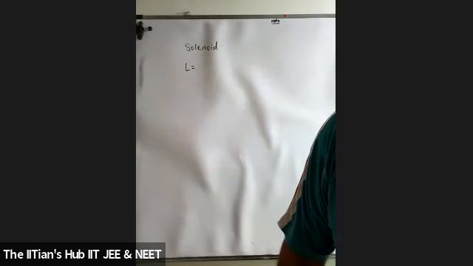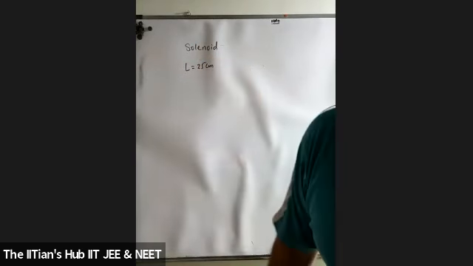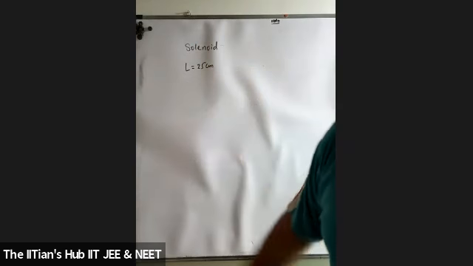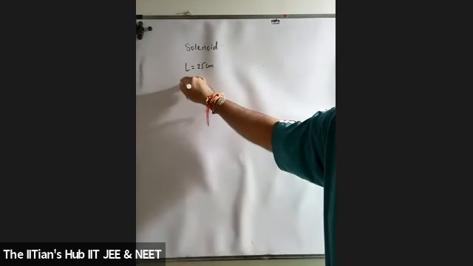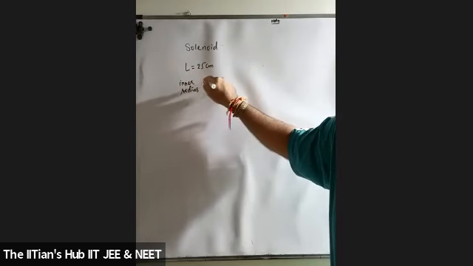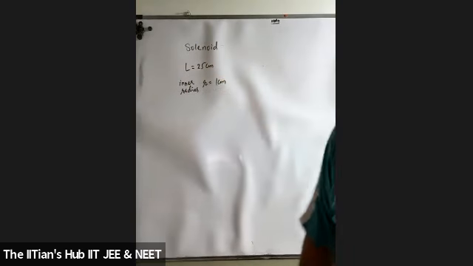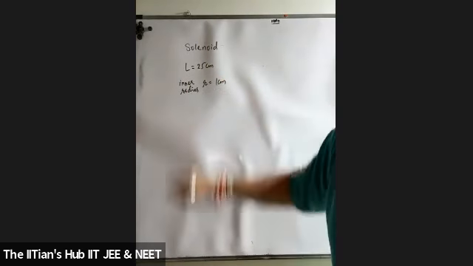A solenoid of length 25 centimeters. This is the first question, students. A solenoid of length 25 centimeter has an inner radius of 1 centimeter and is made up of 250 turns.